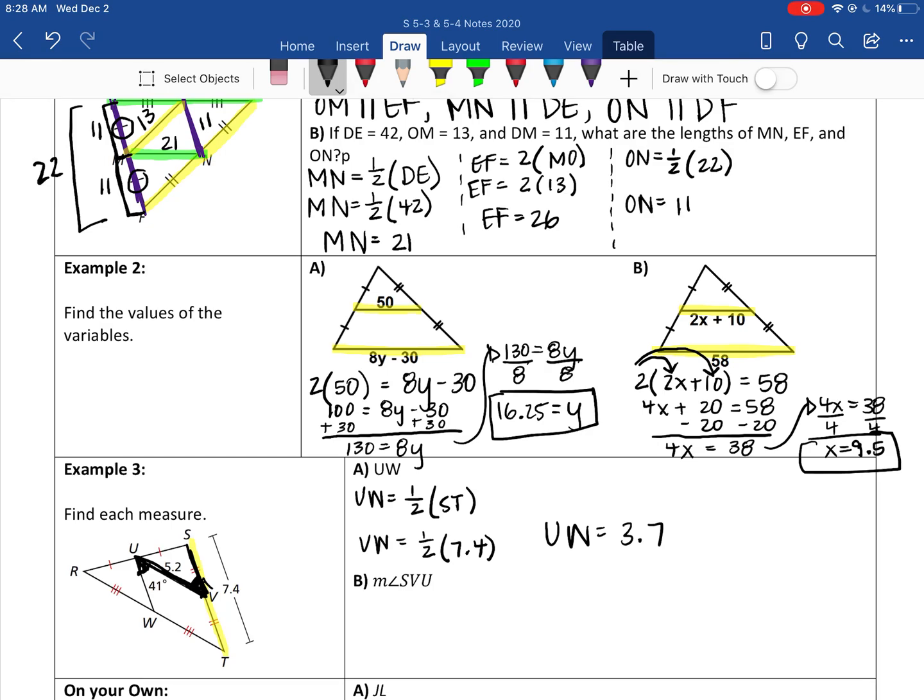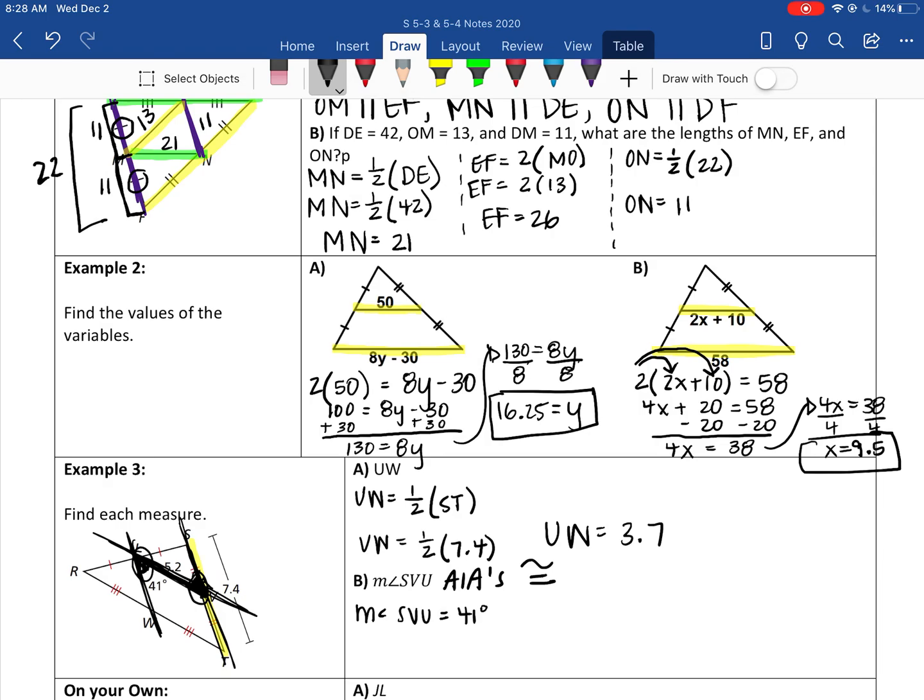If I know that these two lines are parallel, which we already found, and this is my transversal, then these two angles are going to be alternate interior angles. And remember that your alternate interior angles are congruent. So that means the measure of angle SVU is going to be also 41 degrees.